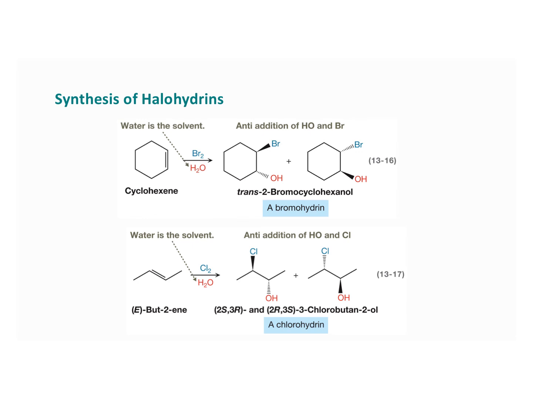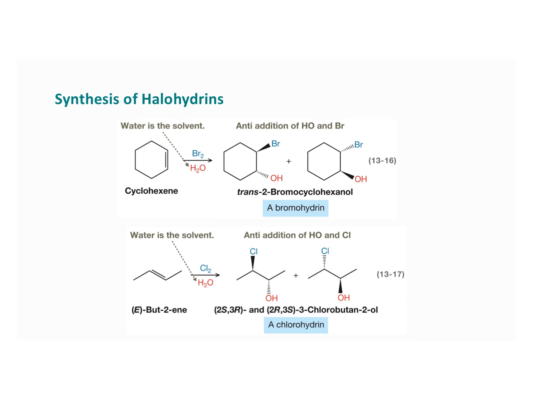We can use these to synthesize halohydrins. A halohydrin is a molecule that has both an alcohol and a halogen on it. So for example, this is a bromohydrin. This is a chlorohydrin.